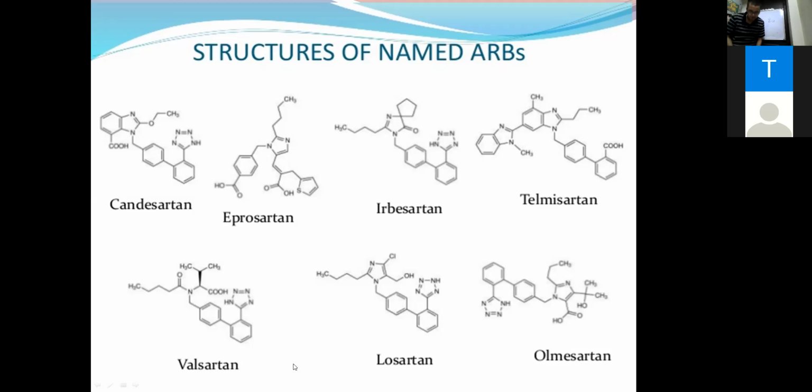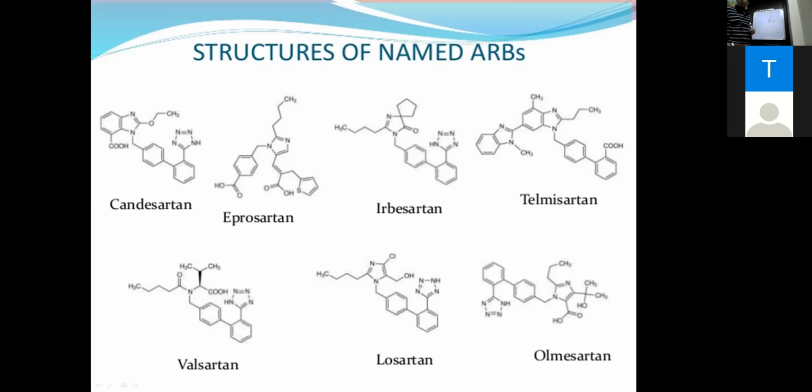So in case of olmesartan, what do you have? You draw an imidazole ring, and the same thing over here, an alkyl substitution. You get an alkyl over here.